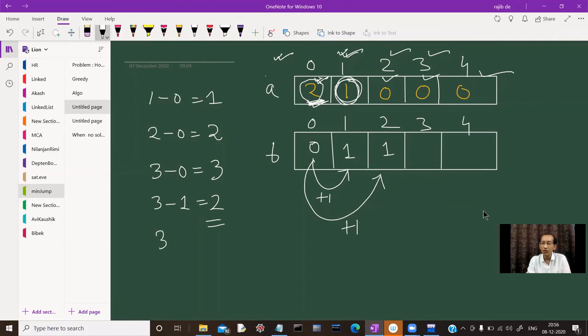So is it possible to start from index 2 to reach i equal to 3? You require only 1 jump to reach 3 from 2, but you can make only 0 jump. That means you cannot reach from 2 to 3. So no way it is possible to reach 3, no way starting from 0. So this problem doesn't give you any solution.